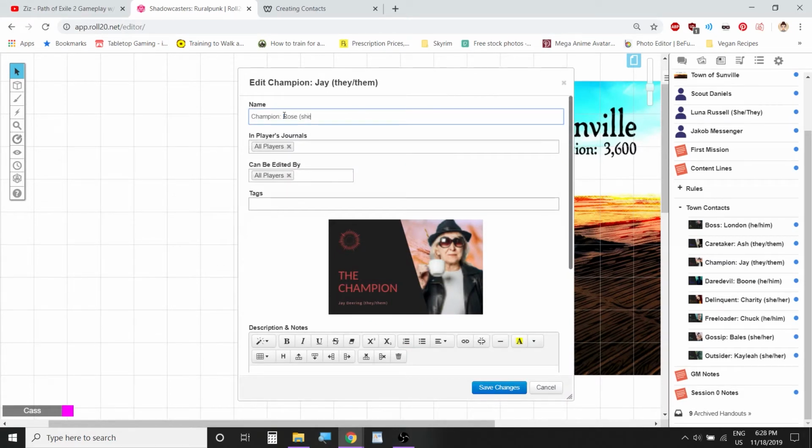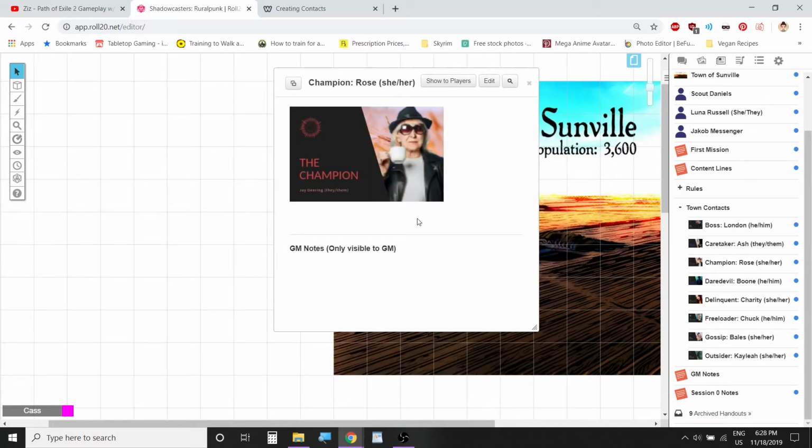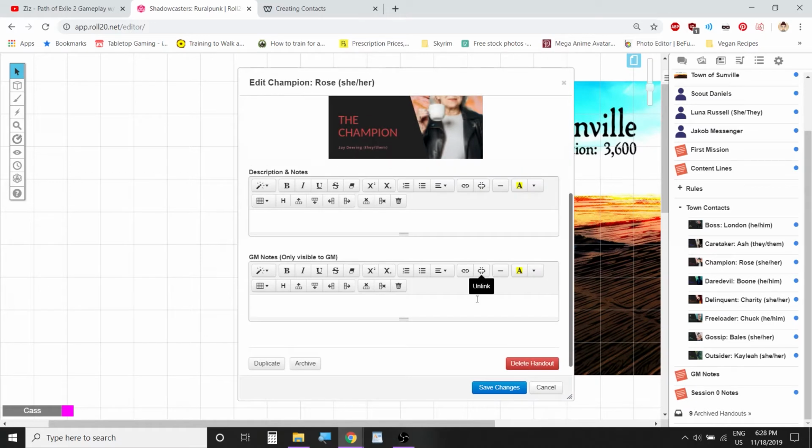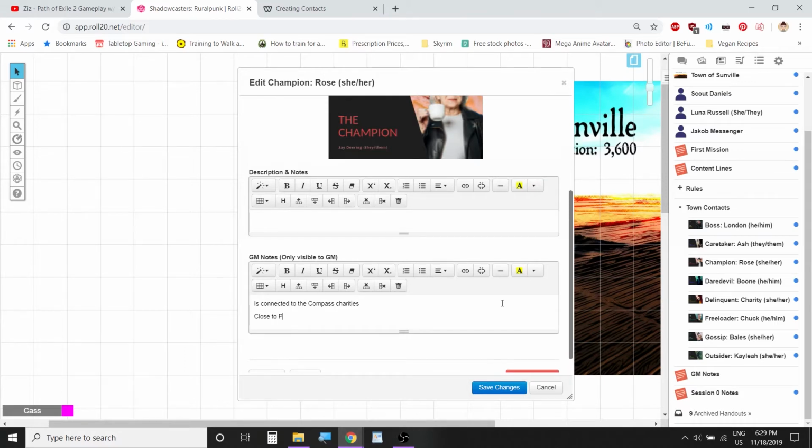here. Things we know about Rose, I'm going to add the GM notes here, is connected to the Compass Charities, close to Prima Kiev, and involved in smuggling outside of town.